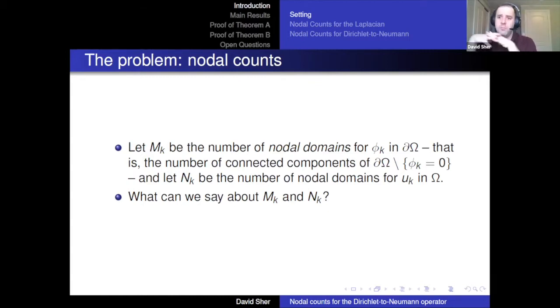I should note at this point that there's been an awful lot of work in recent years on the nodal problem. It has generally focused on estimating from above and/or below the size of the nodal sets of these eigenfunctions, both phi_k and u_k. There was a series of papers beginning with the result of Bellova and Lin in 2014, continuing with work of Jiuyi Zhu on these estimates.